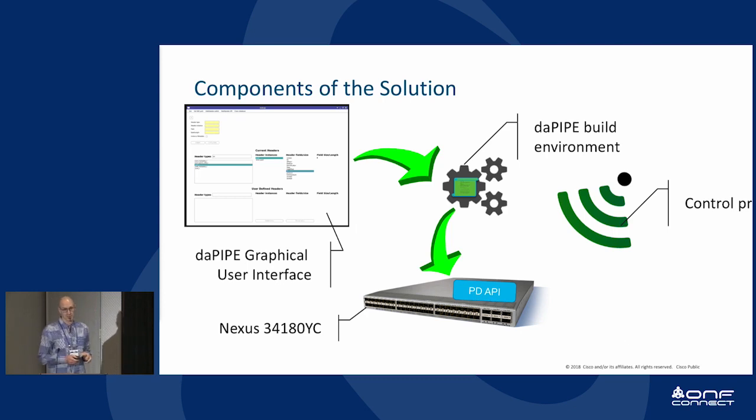And uploading it on the switch, it also updates the API information for the new code, and the control program that the user will have written separately will use that API to control the new code. And right now we have implemented this for our Nexus switch 34180YC, which is based on the Barefoot Tofino chip.